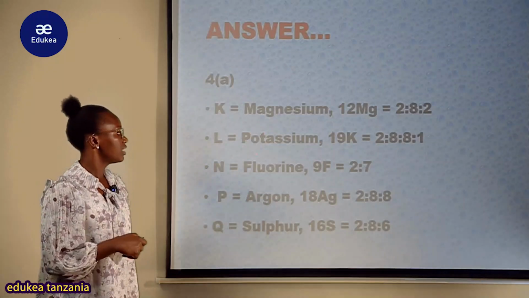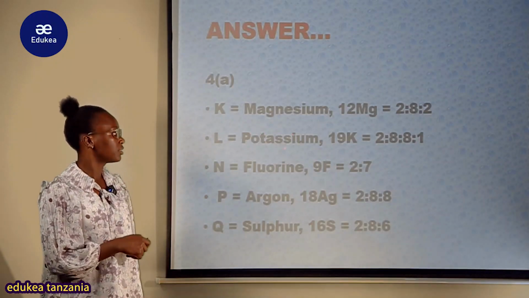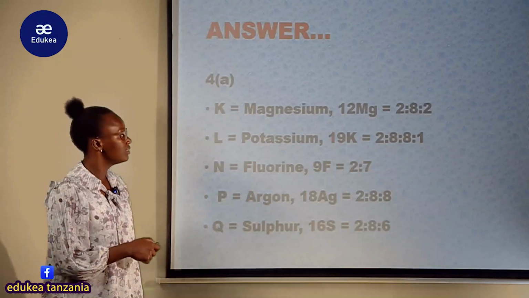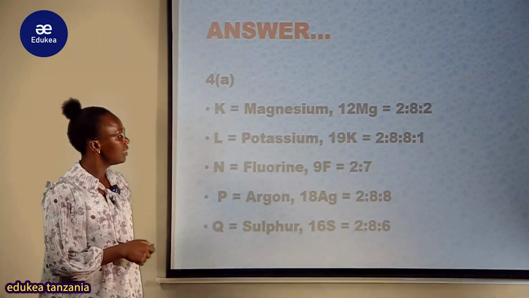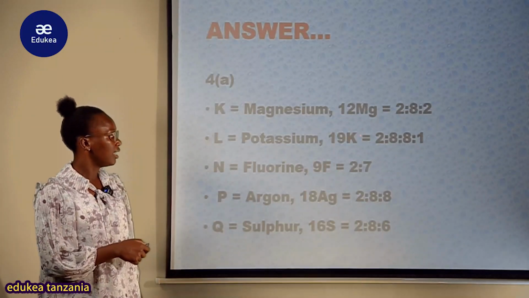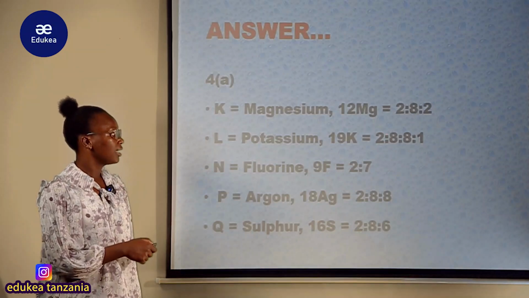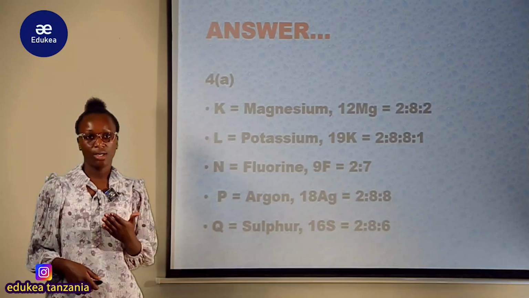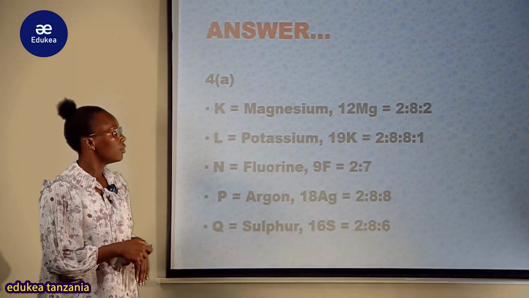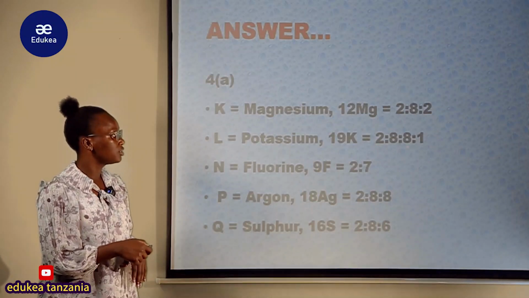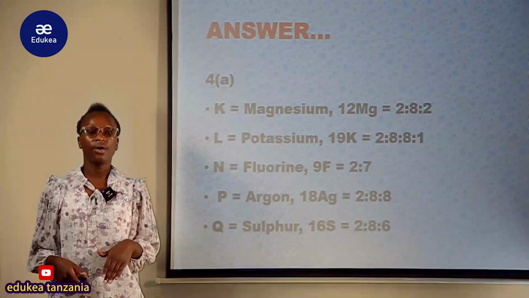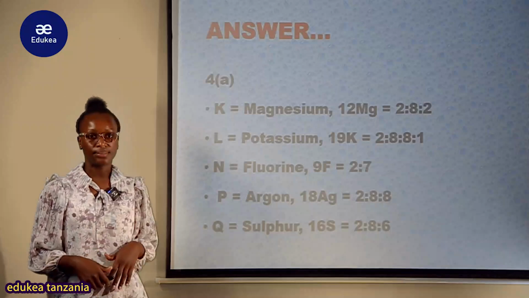But also potassium, ambayo potassium ni ya 19. 19 inakuwa represented na letter K, that's why tumeandika 19K, lakini itakuwa na shell ngapi? 4. Obviously itakuwa na shell 4, so you can see that tutakuwa na 2:8:8:1, ambayo hii hapa ni 19.